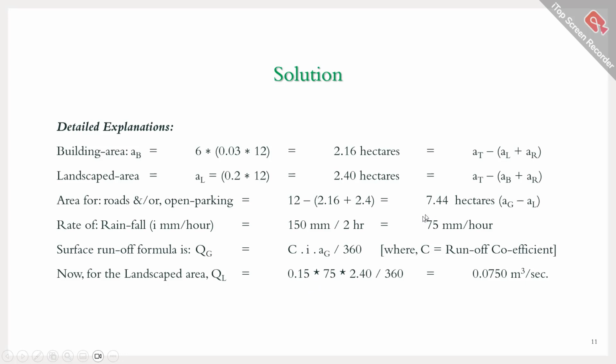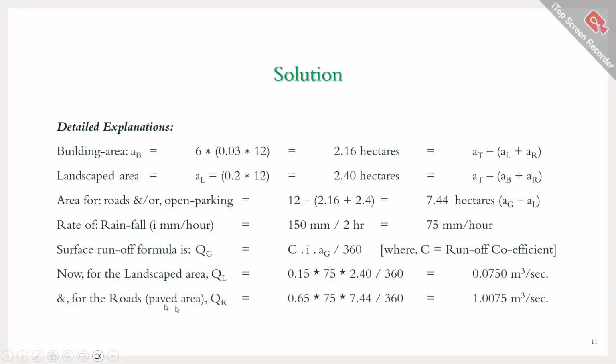I will be your rainfall, so 75 into 2.4, which is the area that you have calculated for the landscape, AL, which is nothing but equals 0.075 meter cube per second.